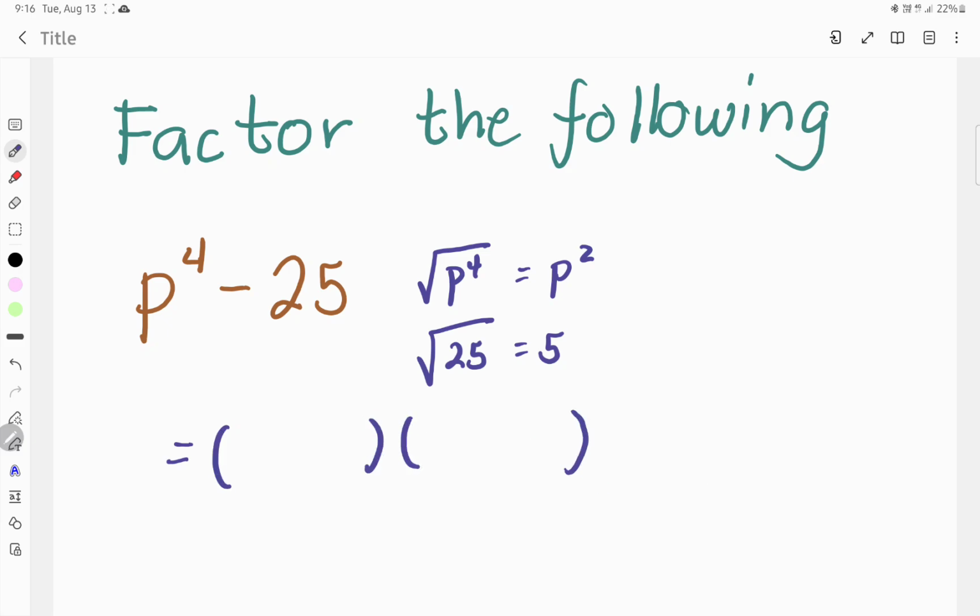Getting the square root of p to the fourth would be p squared. Put p squared there, and then the square root of 25, which is 5. Then we give a sum and a difference. So this is your factor of p to the fourth minus 25.